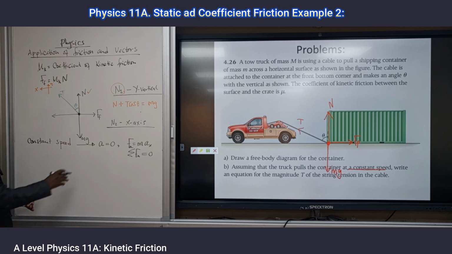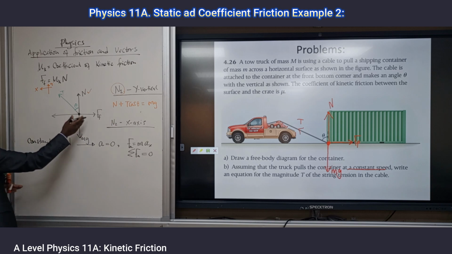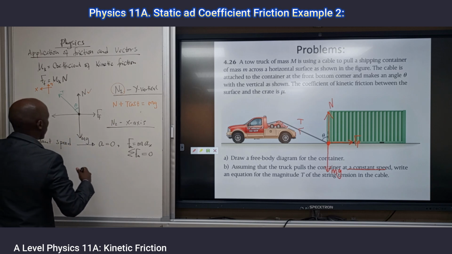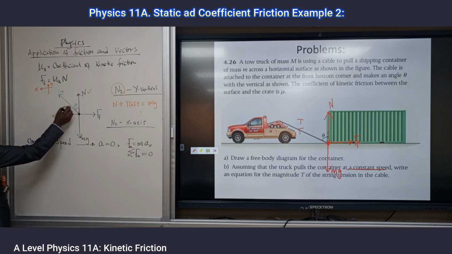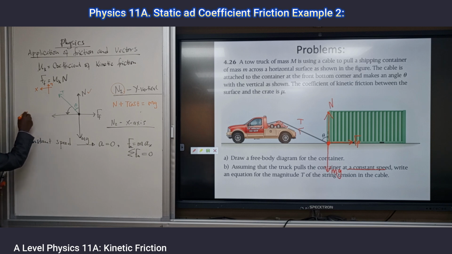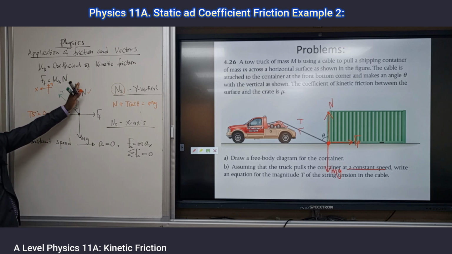Therefore we can add the forces again. The forces to the left are equal to the forces to the right. The horizontal component of the tension T is T sine of theta, since the vertical one is T cosine theta.